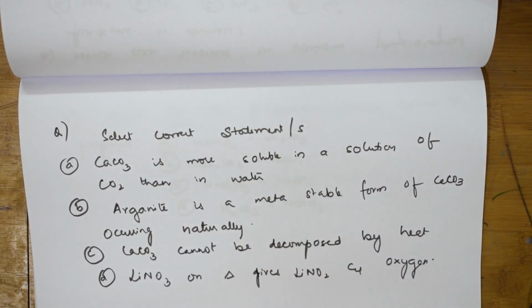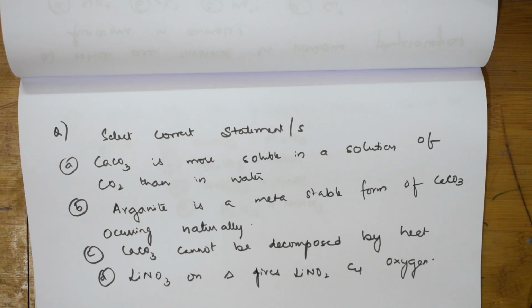Right. Next question. Select the correct statement or statements. CaCO3 is more stable in a solution of carbon dioxide than in water. Aragonite is a metastable form of calcium carbonate occurring naturally. Calcium carbonate cannot be decomposed by heat. Lithium nitrate on heating gives LiNO2 and oxygen.